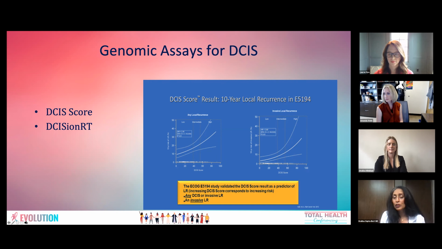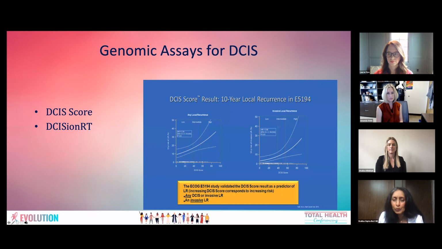So this assay is available and it's valuable in terms of an individual patient to assess the aggressiveness of the behavior of her DCIS. But nonetheless, even if you have a low risk DCIS, the benefit of radiation has been established. So even the low risk patients can get benefit from radiation.